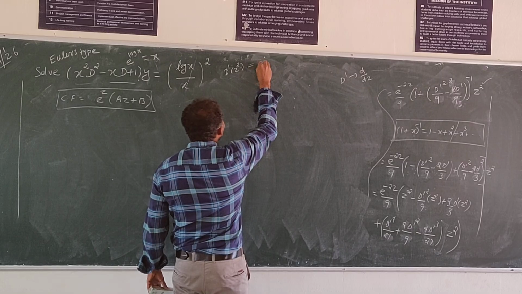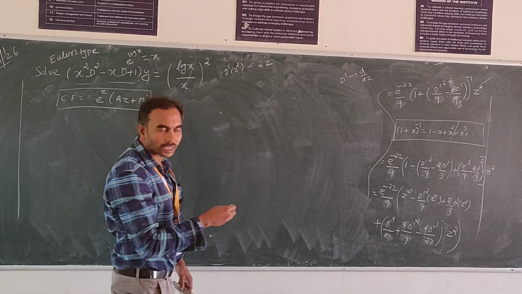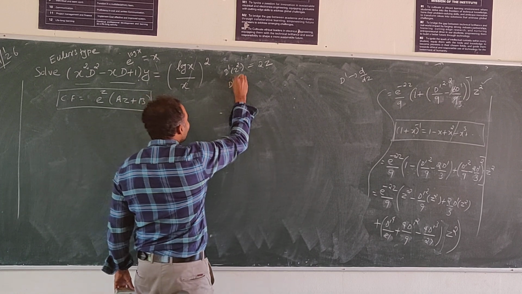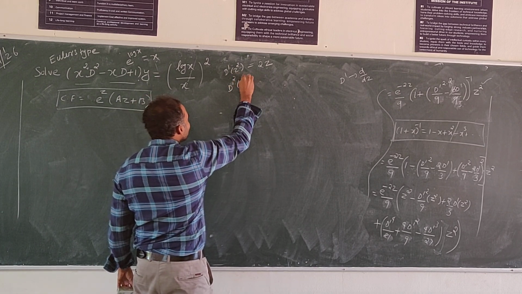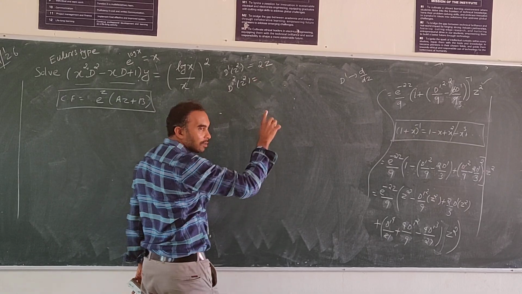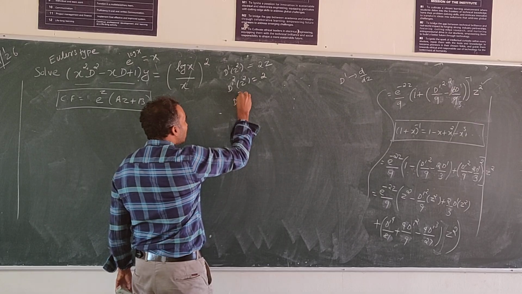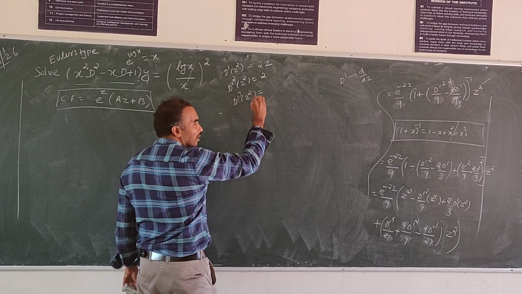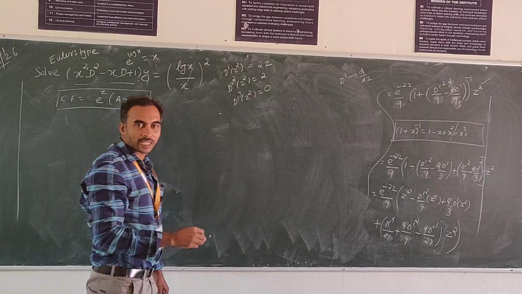What is the value? 2z. This is a differentiation formula, 2z. What about D' squared z square? What is the differentiation of z? 1. So remaining 2. What about D' cube z square? Three times differentiation. This is a constant, so if you differentiate that term, 0.